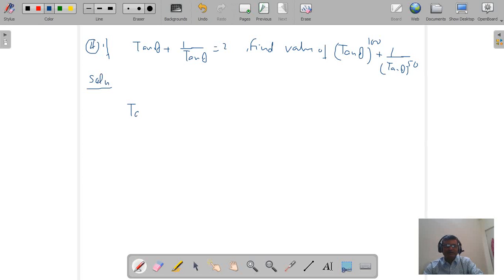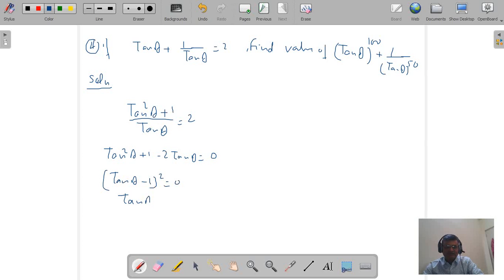We are taking LCM: tan square theta plus 1 upon tan theta is equal to 2. So you can see that tan square theta plus 1 minus 2 tan theta equals 0. So this is nothing but tan theta minus 1 whole square equals 0. It means tan theta minus 1 equals 0.